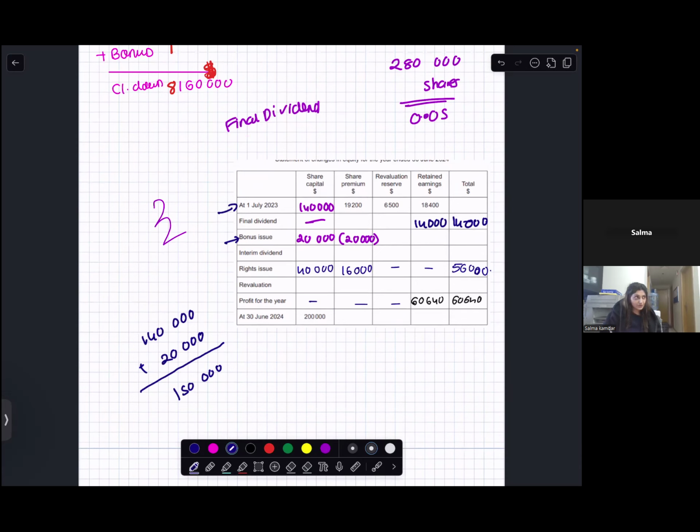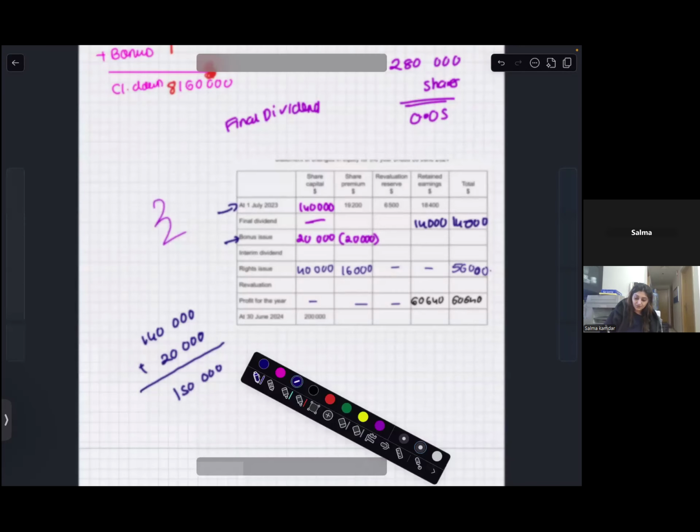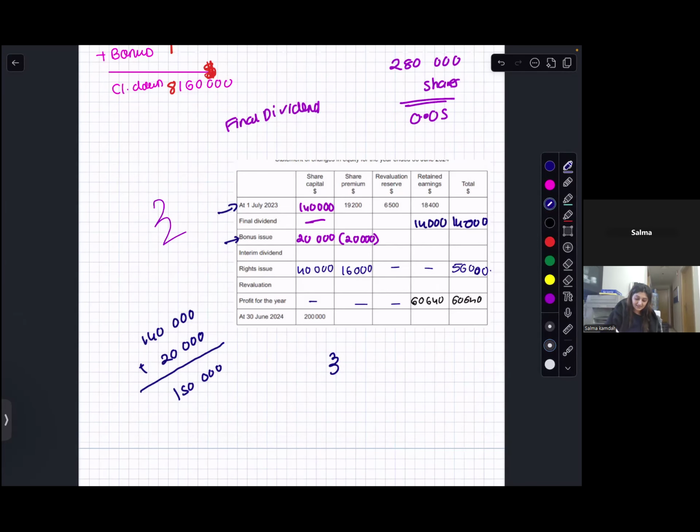So the number of shares would be how much? 150,000 divided by 0.50 is, okay, 160,000 divided by 0.50, it is 320,000.